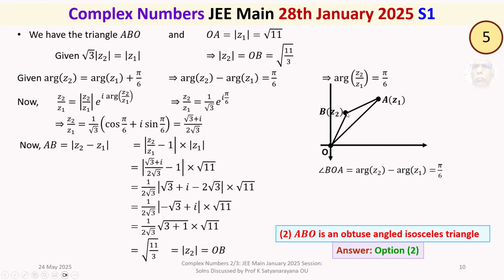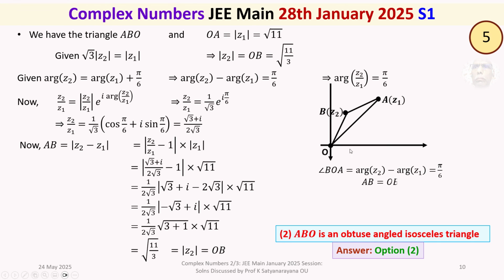How? Argument of Z2 means the angle that this OB makes with the x-axis, and argument of Z1 is the angle that this line OA makes with the x-axis. Minus of it is this one, BOA is pi by 6.